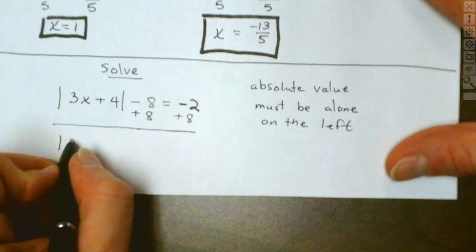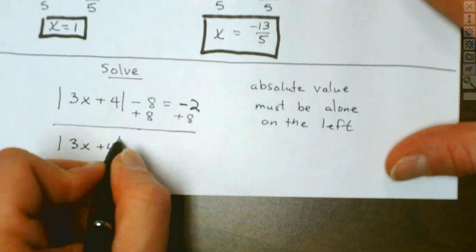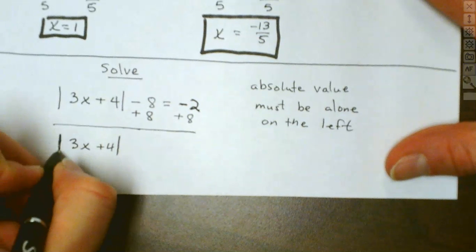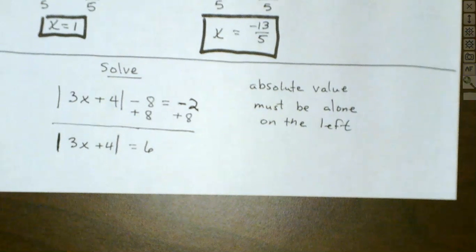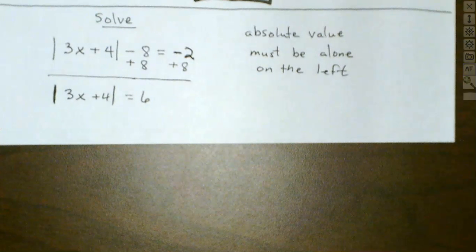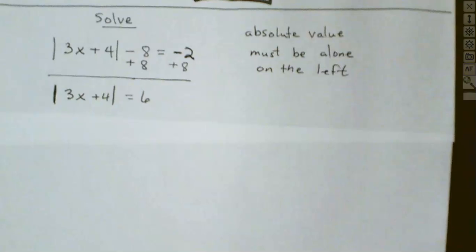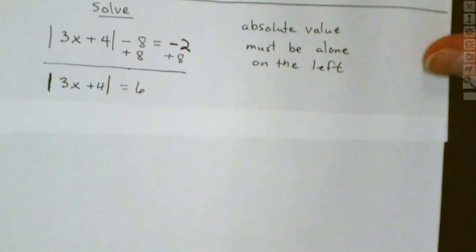Now you have the absolute value of 3x plus 4, and that equals 6. So always move numbers over so that the absolute value is by itself on the left. If you don't, you'll get the wrong answers. So you must move that over first.